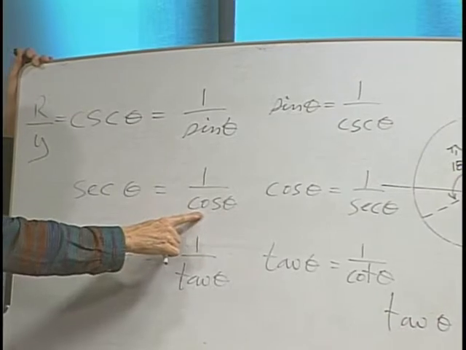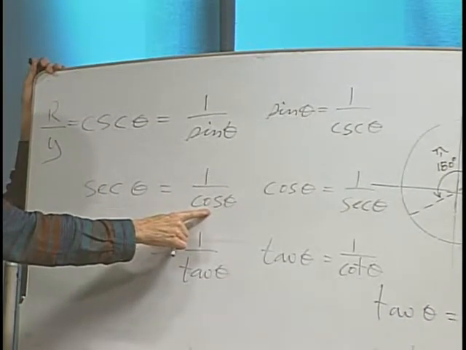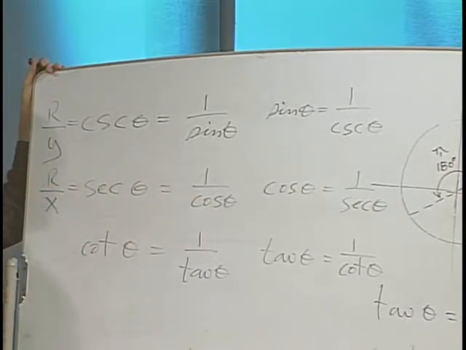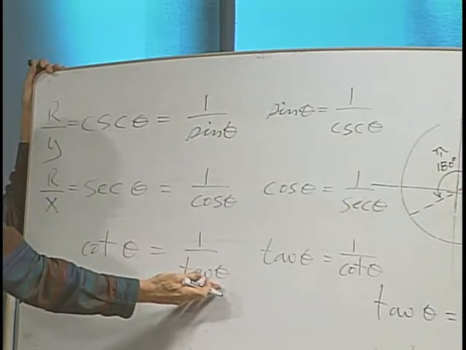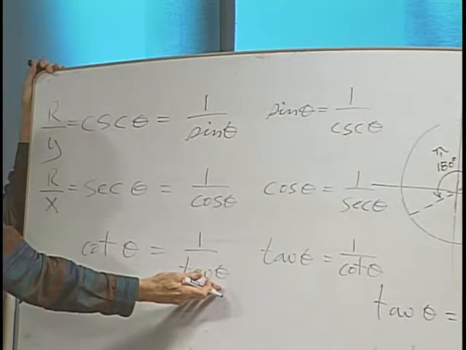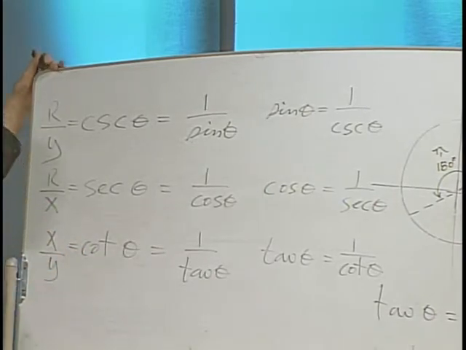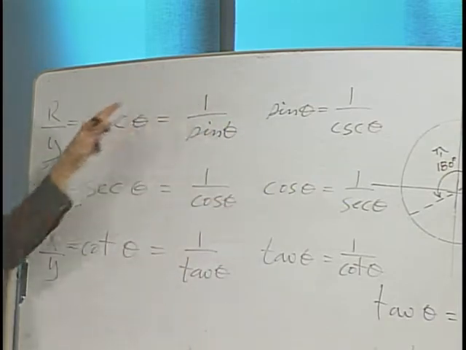Similarly, the cosine of the angle is x over r, and its reciprocal is r over x. And you also know that the tangent is y over x. Its reciprocal is x over y. So you want to commit this stuff to memory.